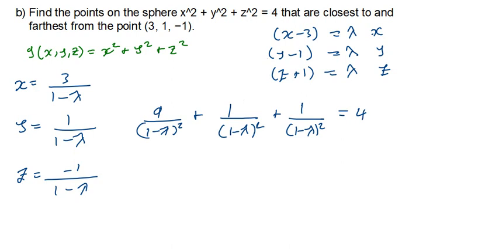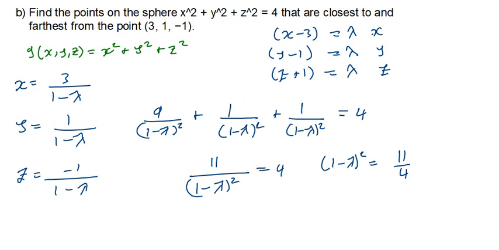So now we can make this a single fraction. That gives us 11, because 9 plus this one plus that one gives 11, and the denominator is the same. So (1 minus lambda) squared is equal to 4. Remember, we are trying to determine lambda. So (1 minus lambda) squared is equal to 11 over 4.